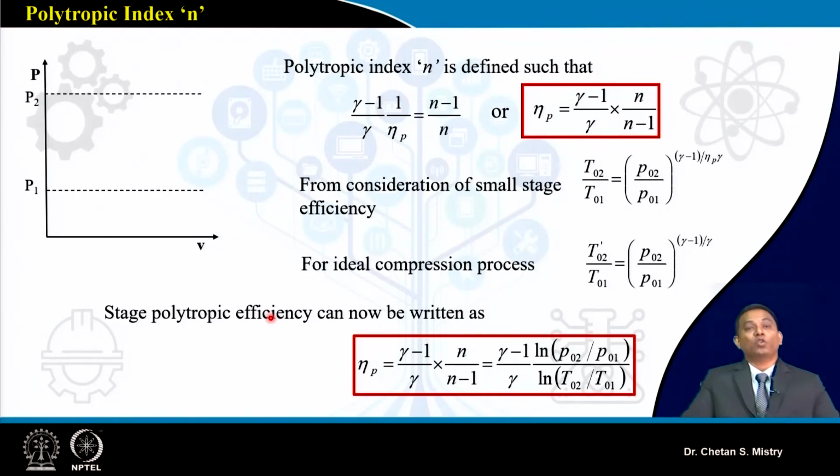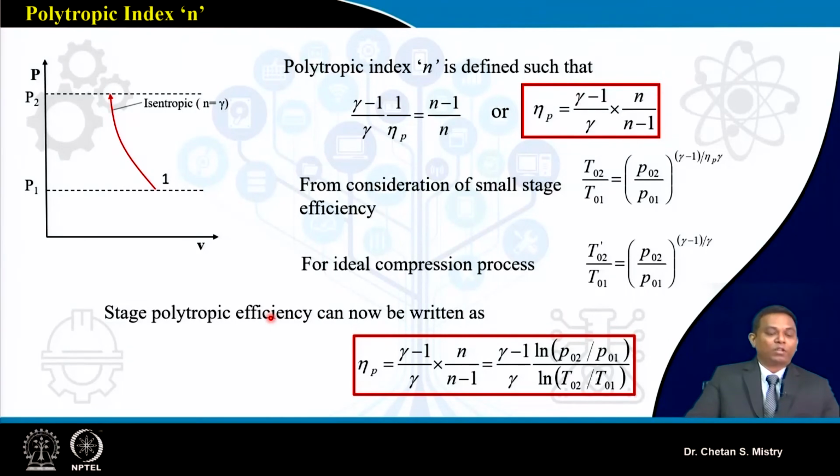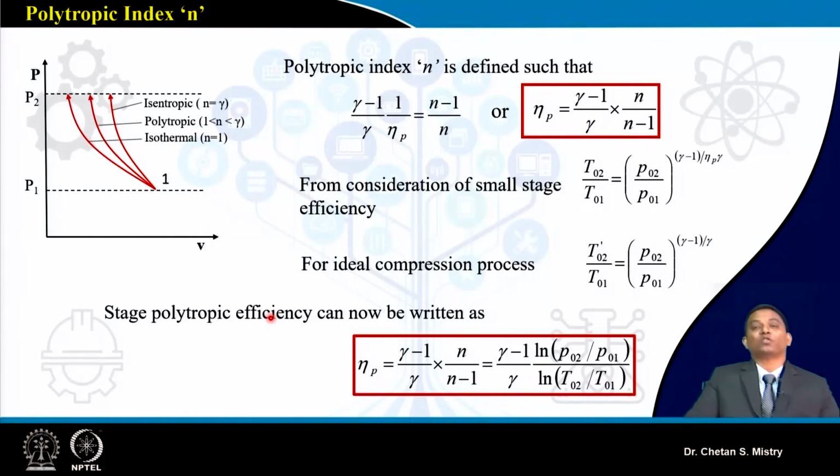I can do my compression using different thermodynamic processes. You have fundamentally studied in thermodynamics that for compression there are different processes. One is the isentropic process, which we have discussed. We can use the polytropic compression process. We can go with the isothermal process.